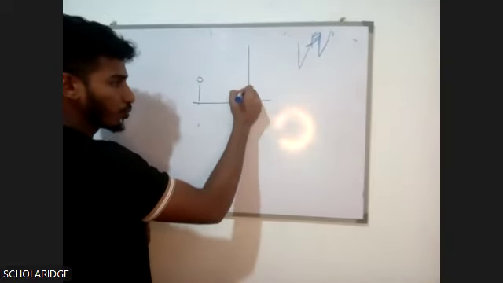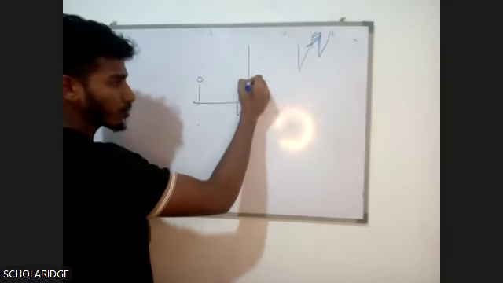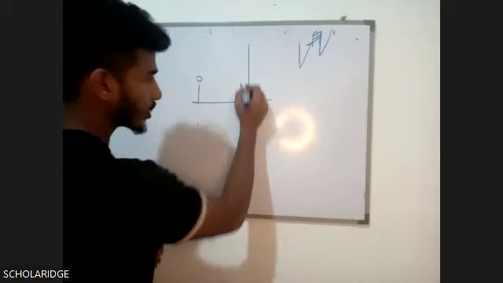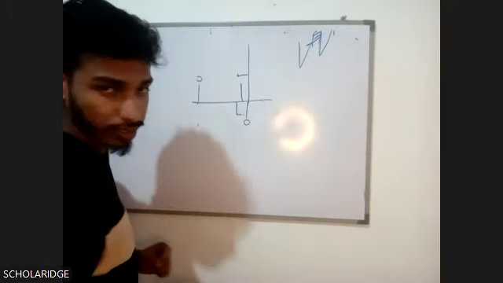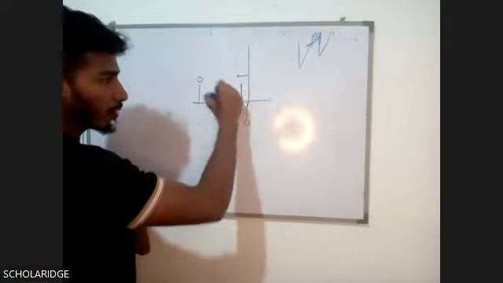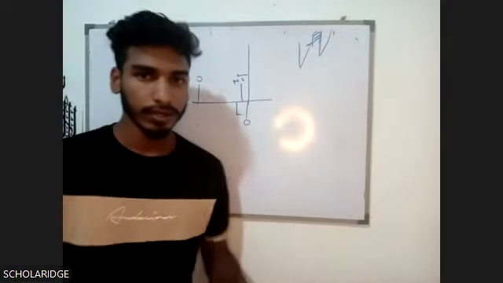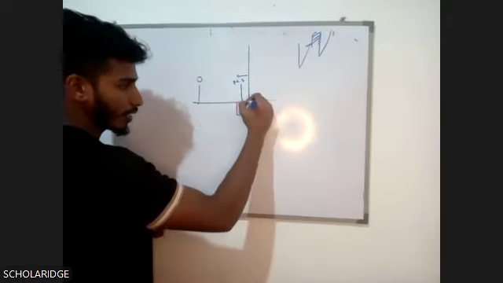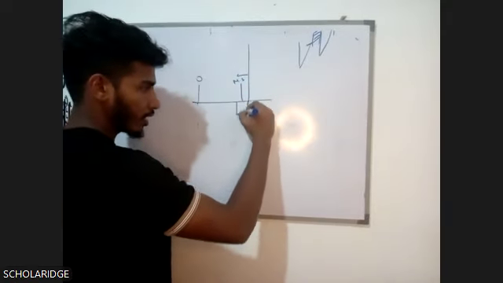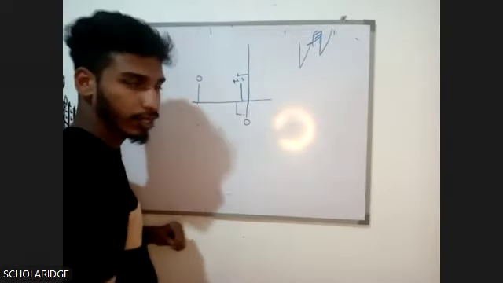See the value which is just above. See the value just in front of this. That will be my main scale reading. What you have to do? In the zero of my vernier scale, draw a straight line.